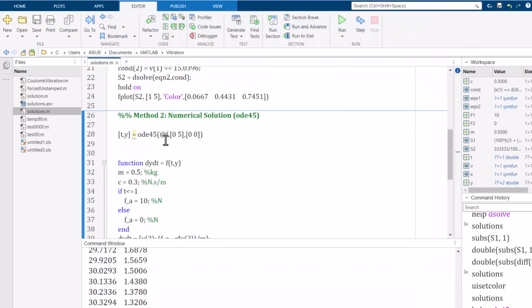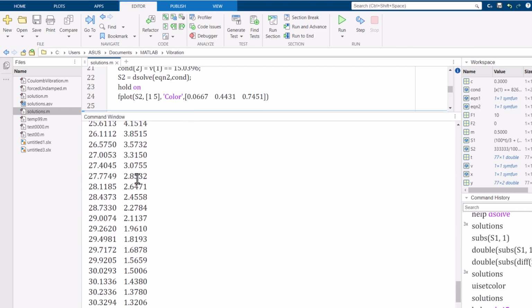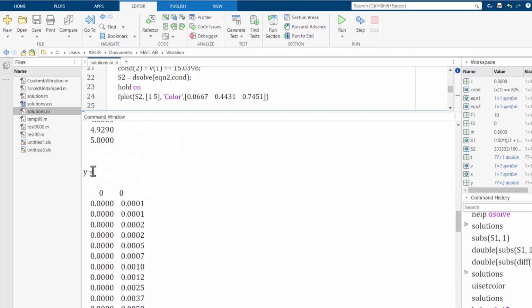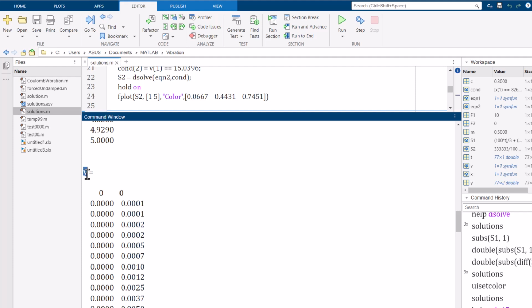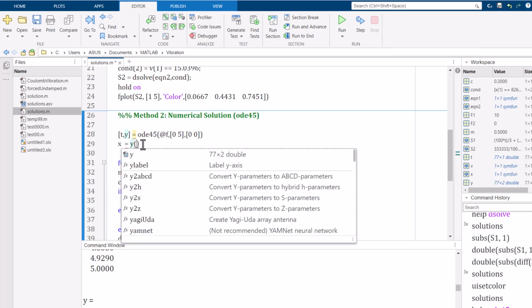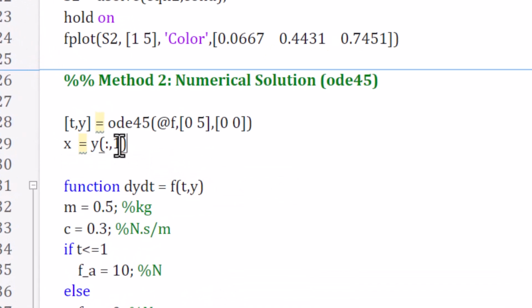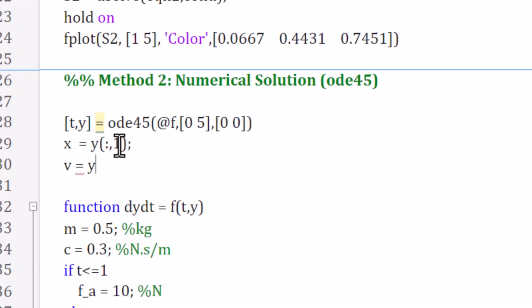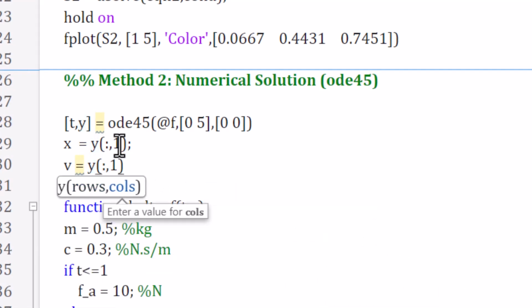Okay, no errors. So the solution is a variable named y with 2 columns, and the first column is position and second column is velocity. So I take x to be the first column of y and v is the second column.